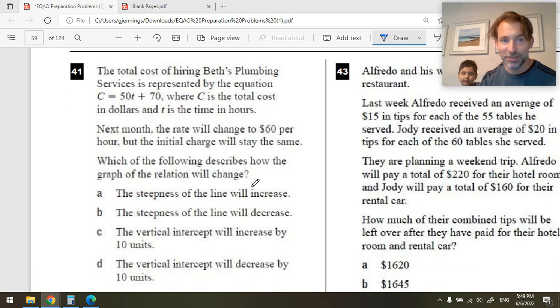It's quite distracting. The total cost of hiring Beth's plumbing services is represented by the equation C is equal to 50T plus 70, where C is the total cost in dollars and T is the time in hours. Next month, the rate will change to $60 per hour, but the initial charge will stay the same. Which of the following describes how the graph of the relation will change?